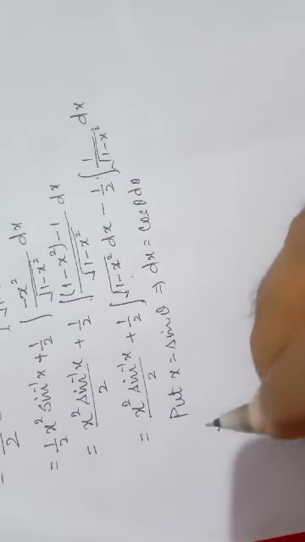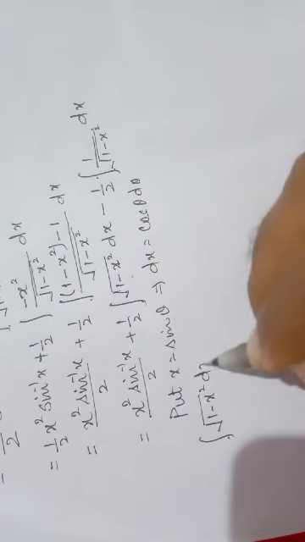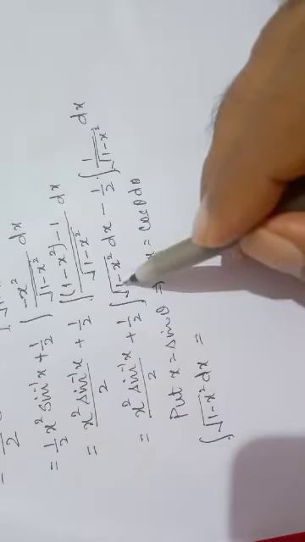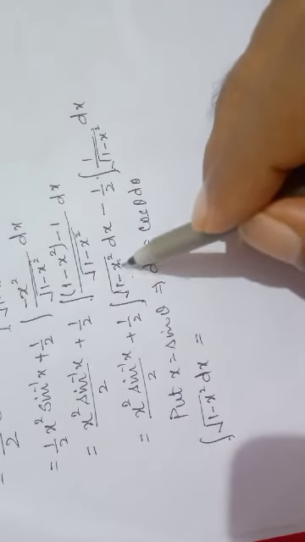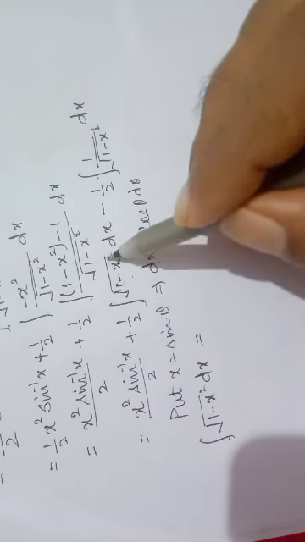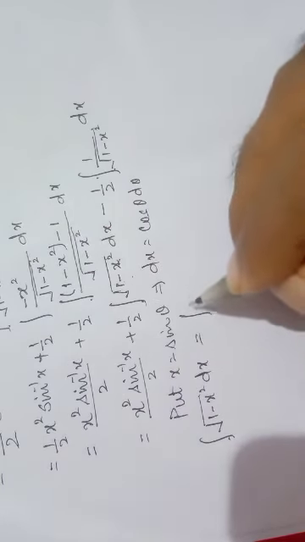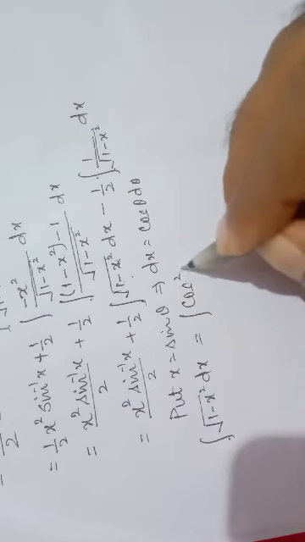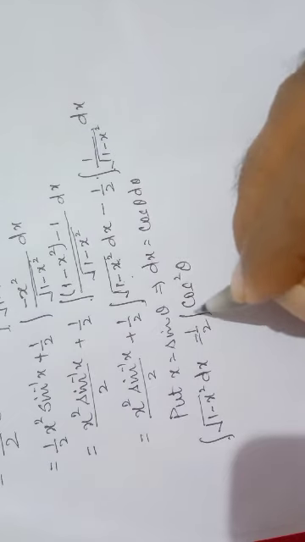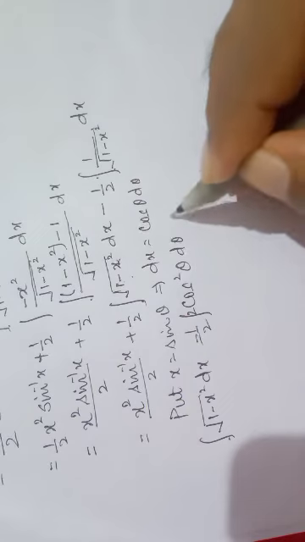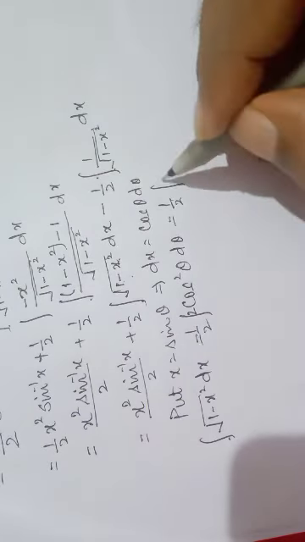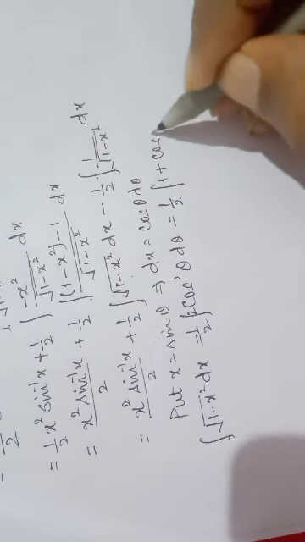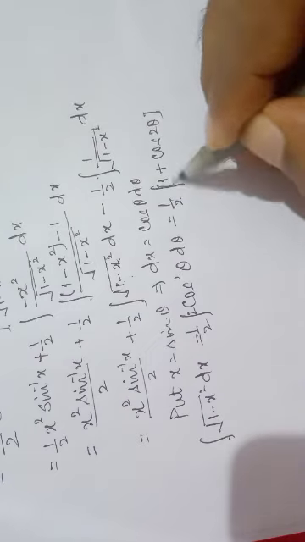So under root 1 minus x square dx becomes 1 minus sine square theta, which is cos theta after taking the square root, into cos theta. So cos square theta, rationalize it by 2. So 1 by 2, 2 cos square theta means 1 plus cos 2 theta d theta.